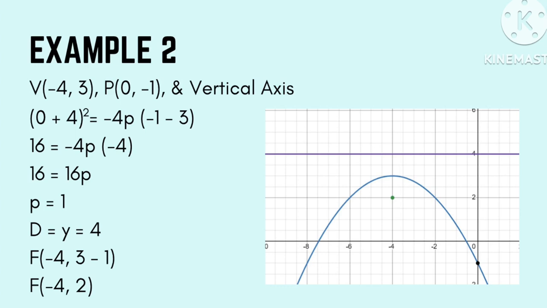From the first two given, it already says that it is either facing downward or to the right, since our point is on the right side of the vertex. But since it says that there is a vertical axis, then that means that it is facing downwards.